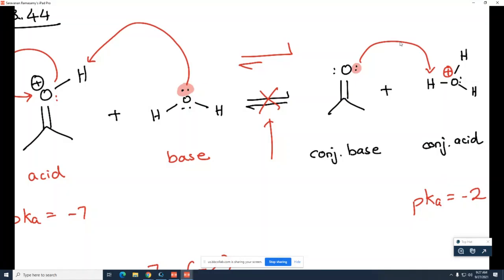Both are localized, so it's not allylic, it's vinylic. So the A factor is a tie. Both atoms are oxygen. The R factor is also a tie. They don't have resonance participation. They're both localized. And there is no induction, there are no electronegative atoms.